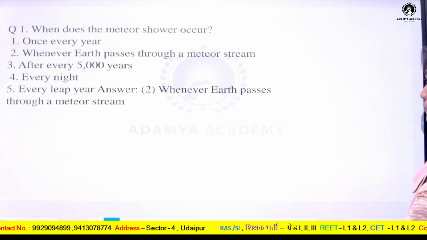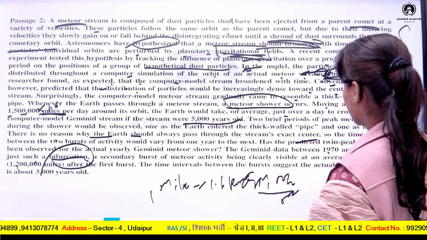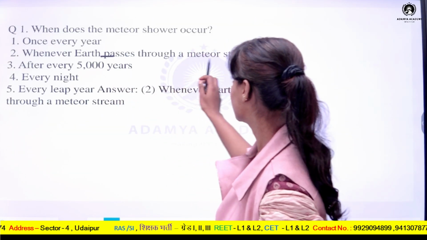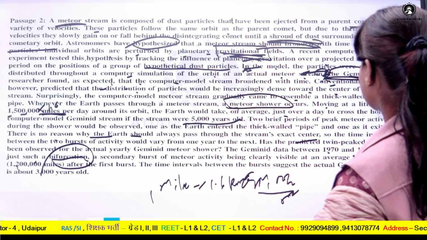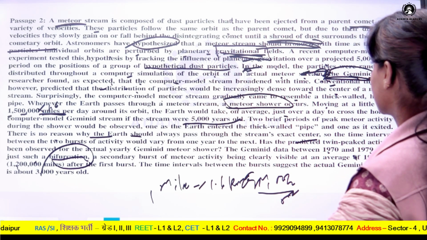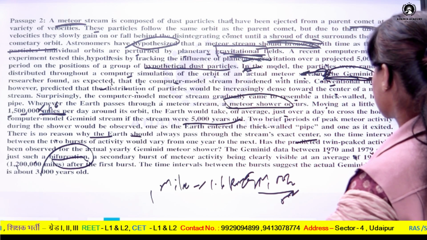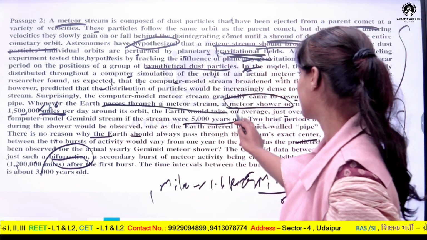5,000 years old. No, this is not the answer, because whenever Earth passes through a meteor stream, a meteor shower occurs.